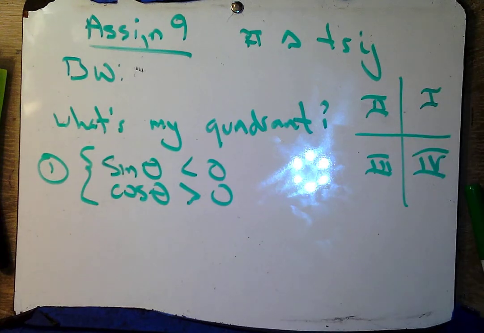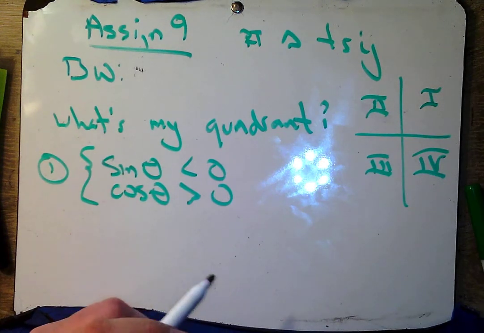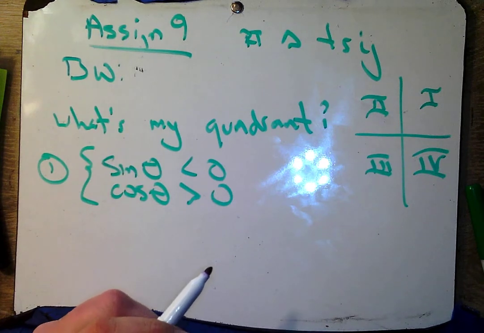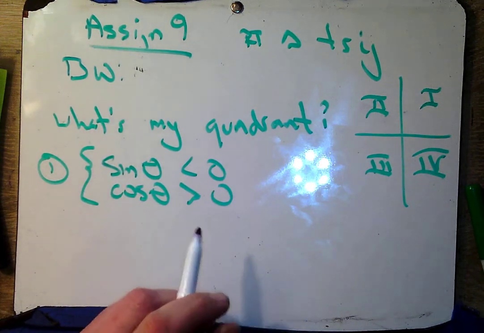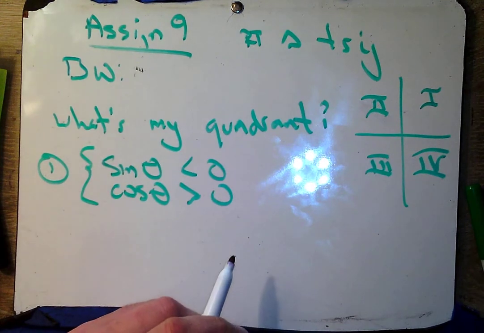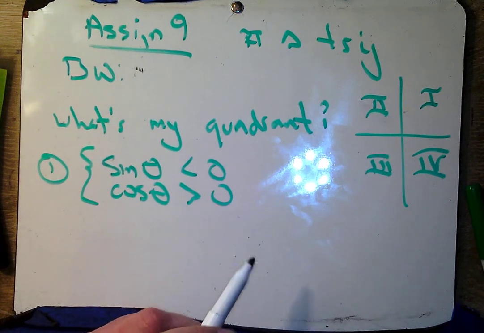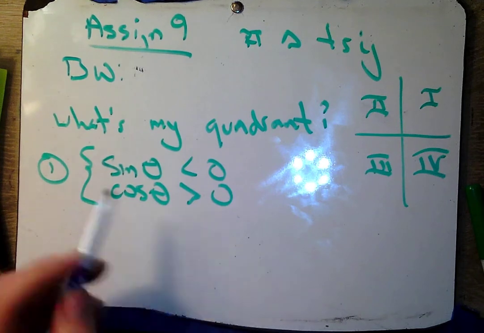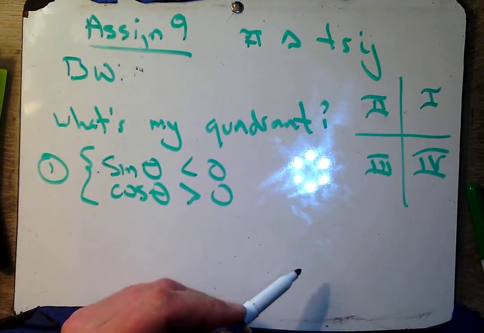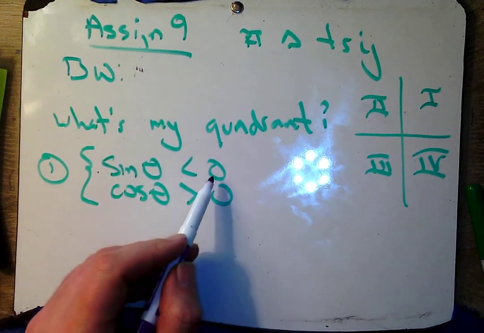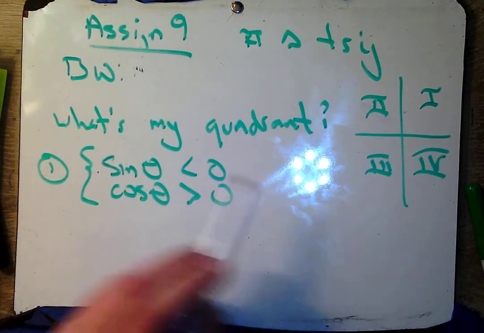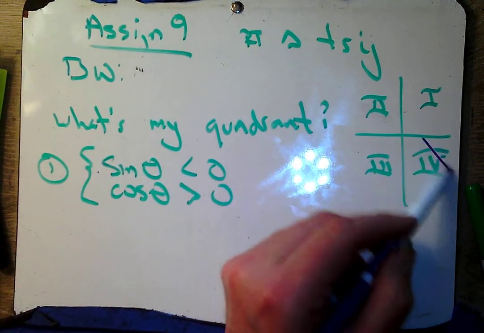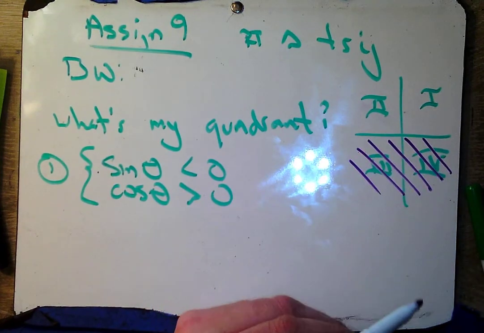Give it a thought, and we'll have a countdown momentarily. Okay, so what do you think? In what quadrants is sine less than 0? Well, sine are the y values, and the y values on the unit circle are negative in quadrants 3 and 4.